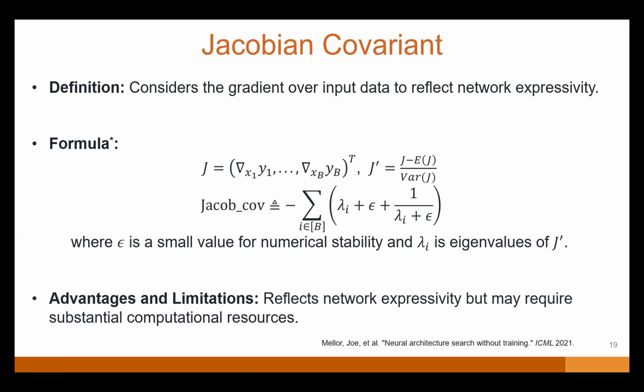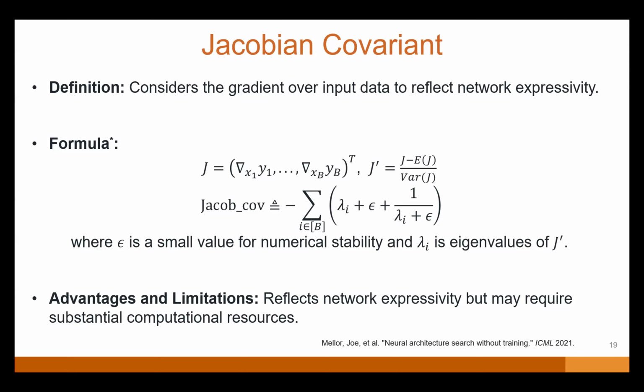If you look at this formula shown here, J is the Jacobian, a matrix that contains all the gradients of the output Y for a particular batch B with inputs X1, X2, XB, which collects the gradients with respect to all the inputs.